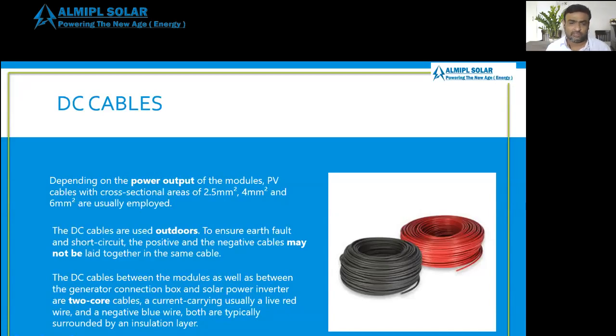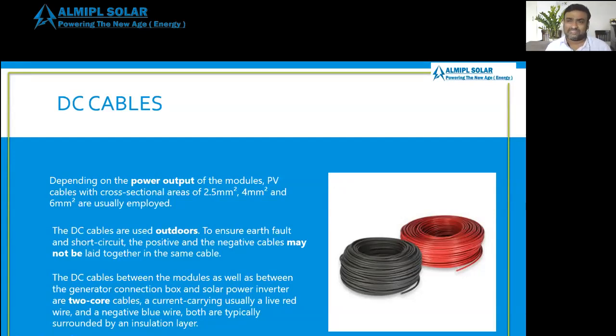The positive and negative cables may not be laid together in some cases. The DC cable between the modules, as well as between the generator connection box and the solar power inverter, are two core cables. Current carrying, usually a live red wire and a negative blue wire. Both are typically surrounded by an insulation layer.